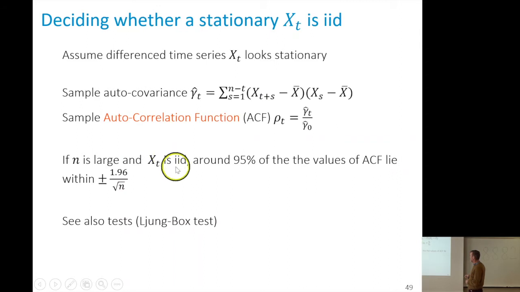Because, at least for a weak form of stationarity, if it is IID, which means it's truly non-correlated, we can think of those as noisy estimates of a true unknown parameter. That would be the theoretical autocorrelation function, where we replace the sums by expectations. If the time series is truly IID, they're all zero.